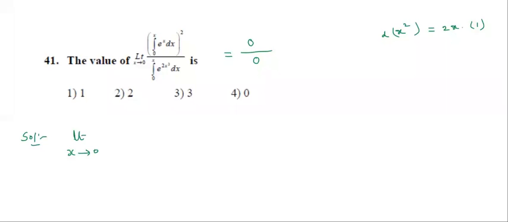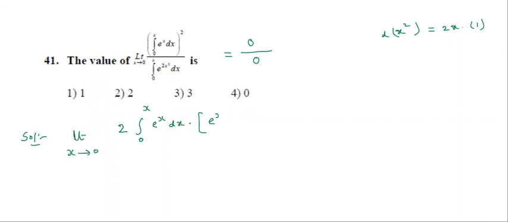Overall we get 2x. Here also same. First do the derivative: 2 into integration 0 to x e power x dx, into, now do the internal derivative. Internal derivative means use Leibniz rule.